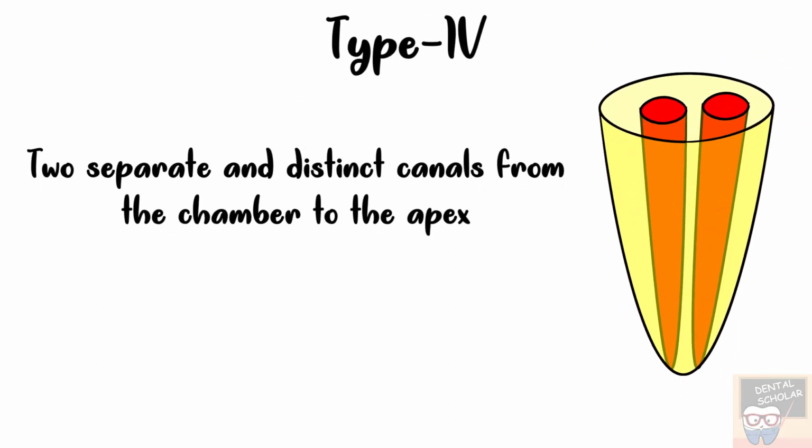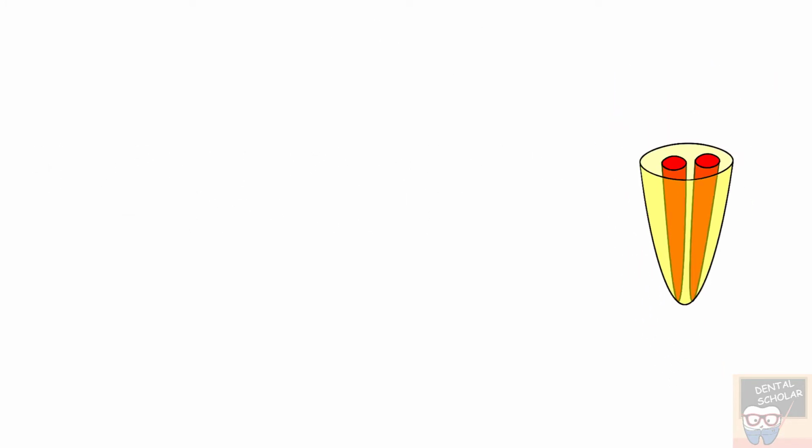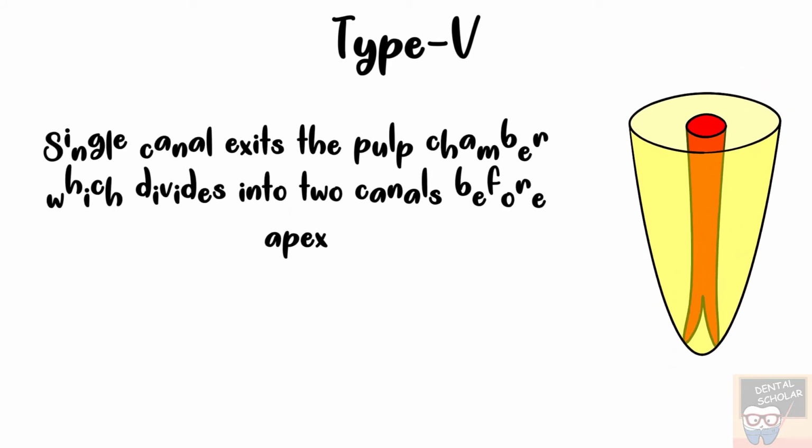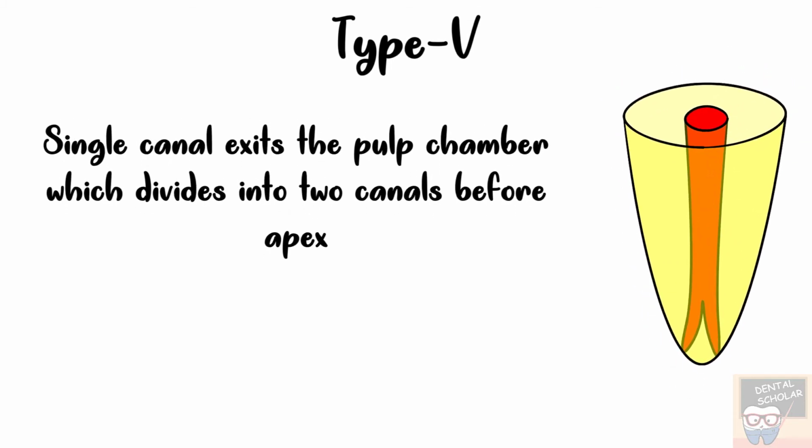In type 4, two separate and distinct canals run from pulp chamber to the apex, just like Wien's type 3.